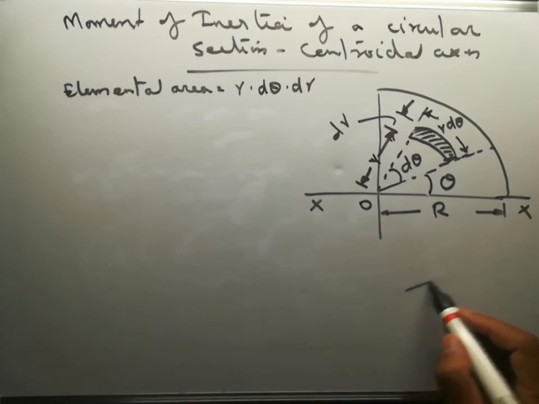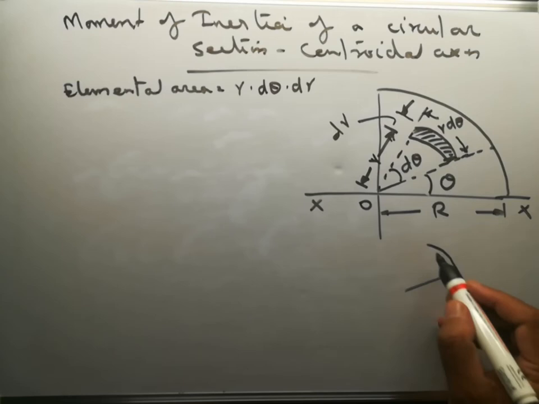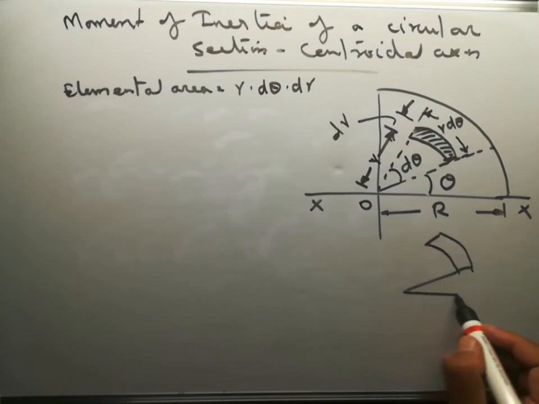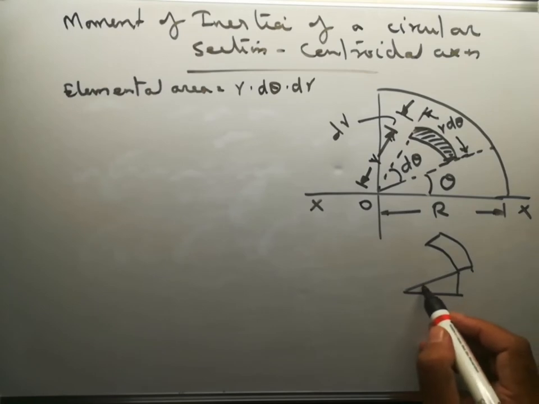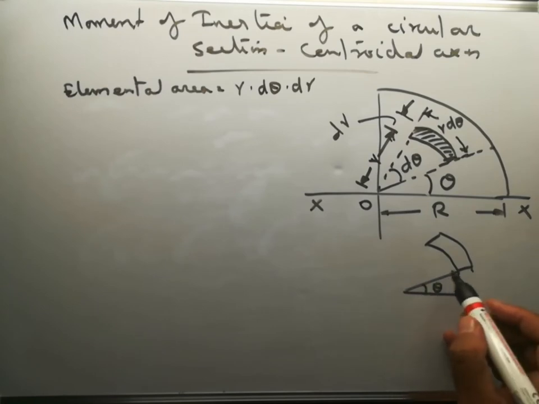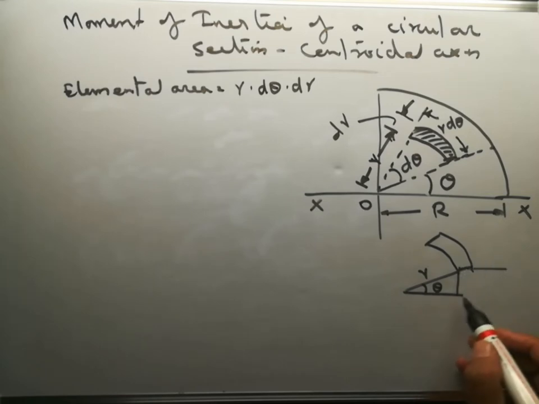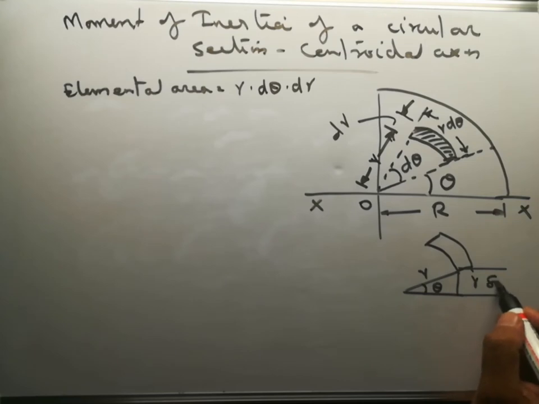Now if I draw this portion separately, this is theta, this is r, this will be r sin theta. Is it not? That will be r sin theta.